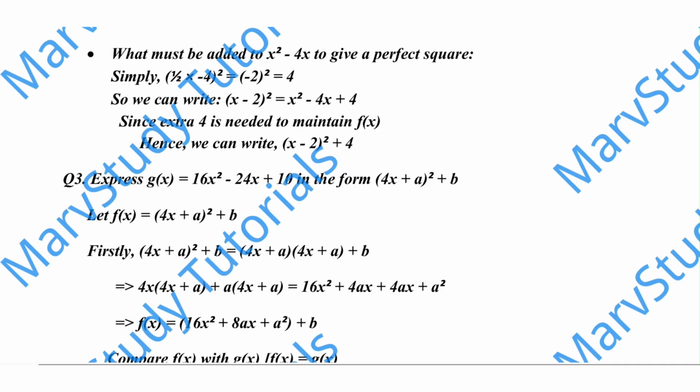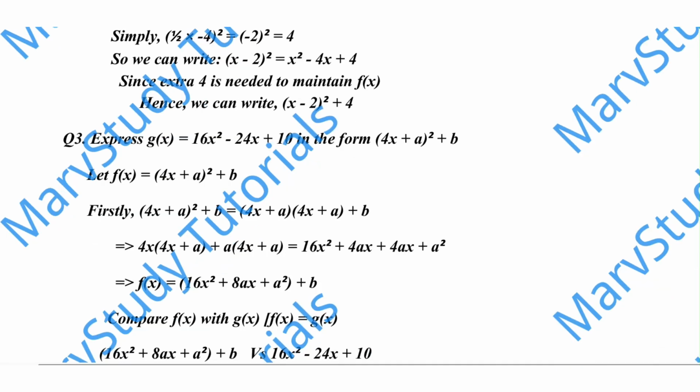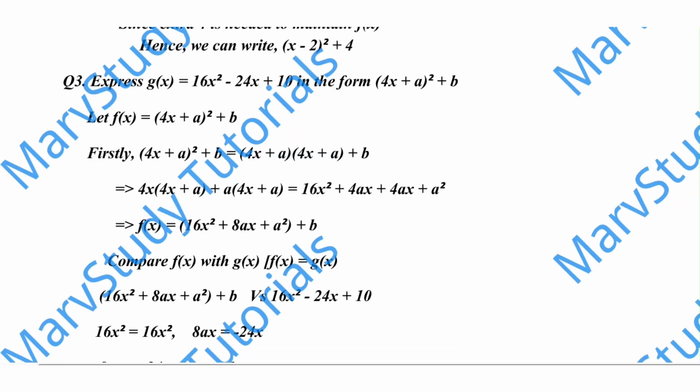So we move on. We compare it with our earlier expression. Our earlier expression was 16x squared negative 24x plus 10. So if we compare them, 16x squared matches to 16x squared, then 8ax matches to negative 24x, and then a squared plus b is going to match to the constant, which in this case is 10.